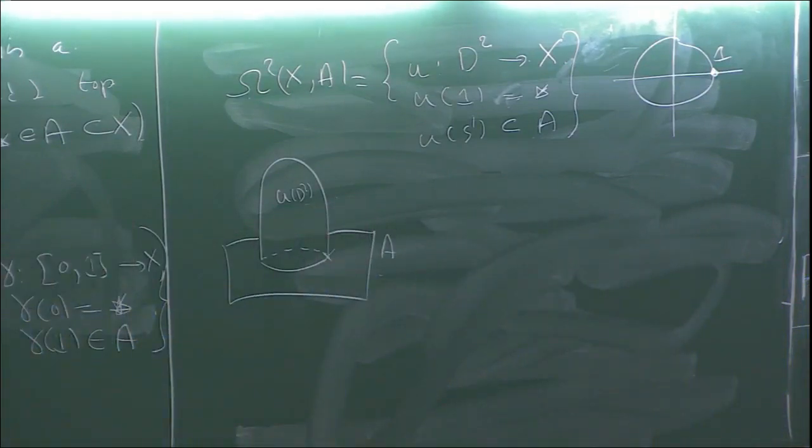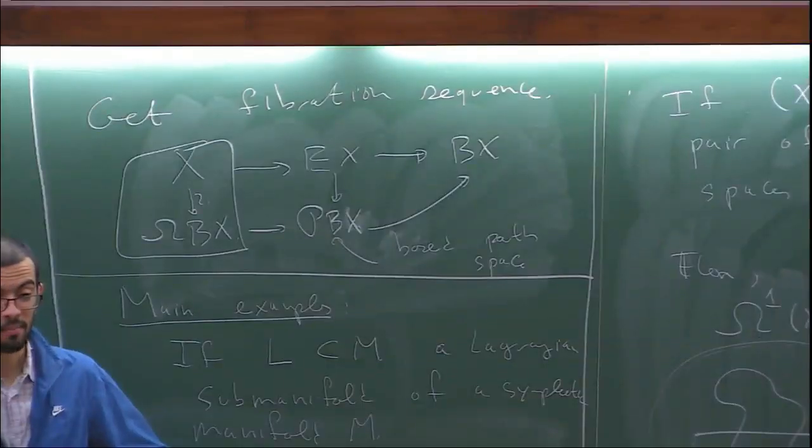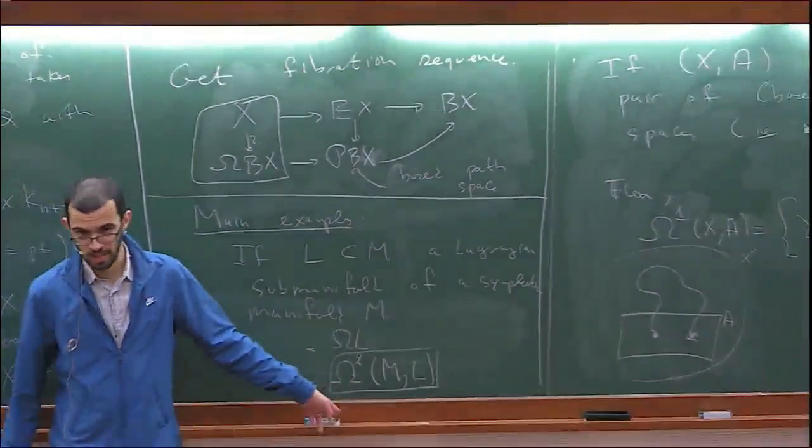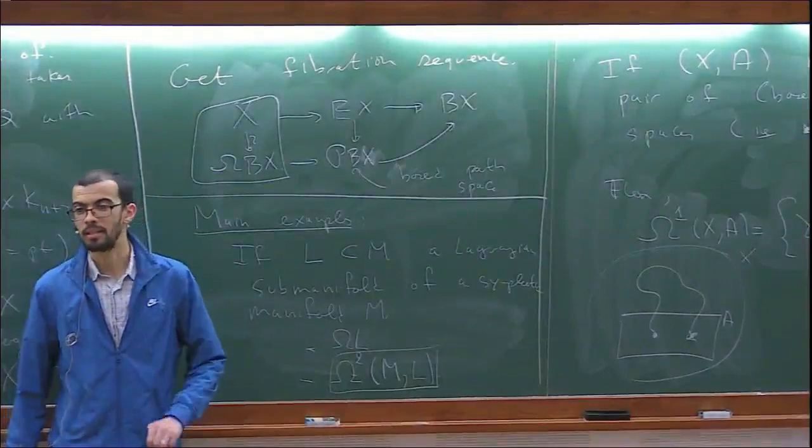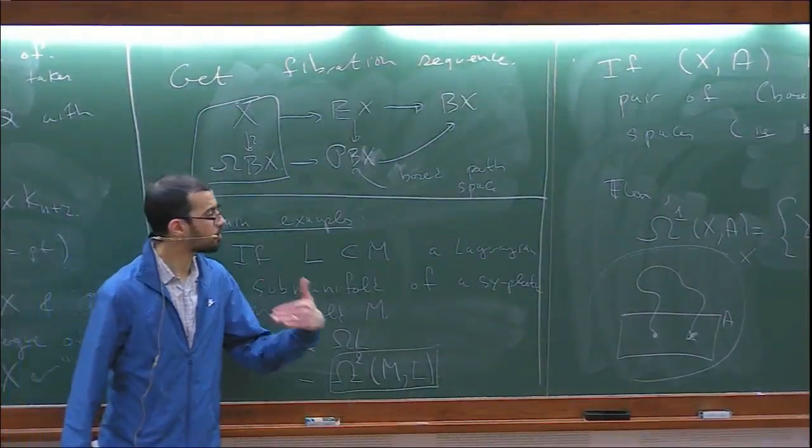So I claim that this is also an A-infinity space. If you go through an algebraic topology book, it will actually prove for you that this is an A-infinity space. It will prove it by proving that this is actually the based loop space of something. But I don't want to do that. If you do it like that, then you don't see the disks.